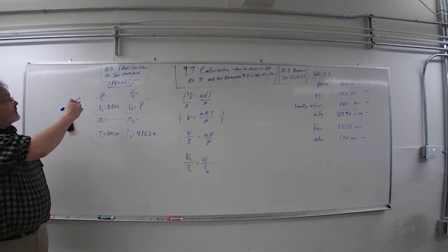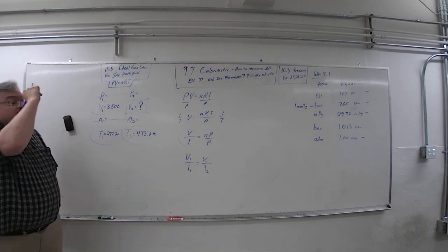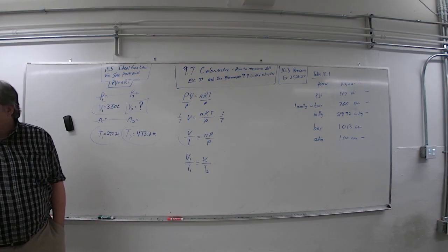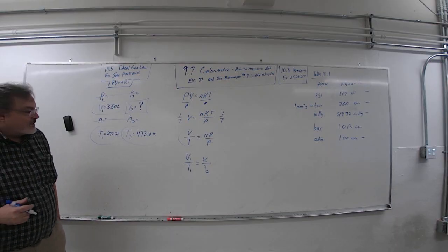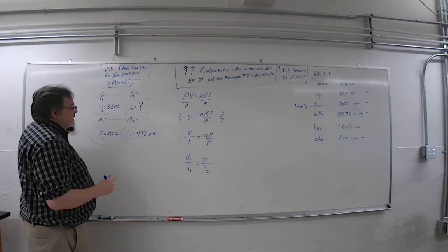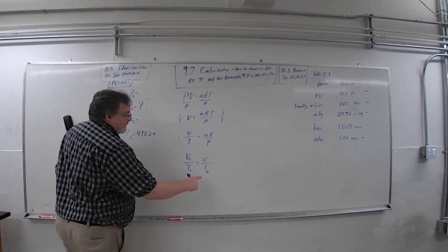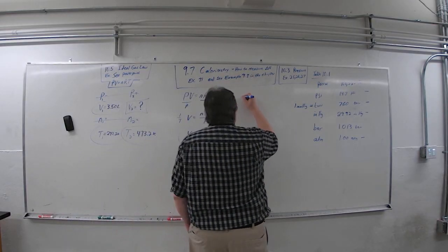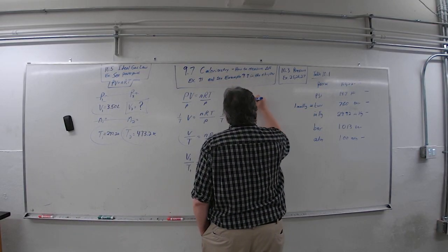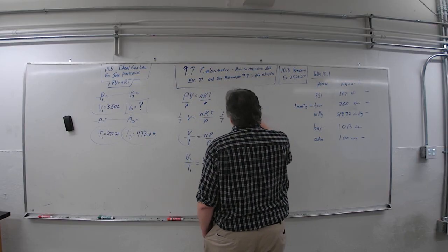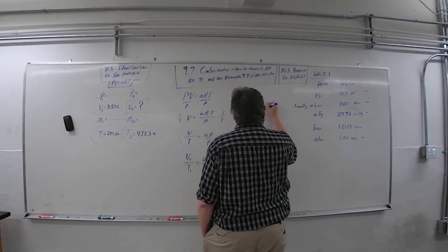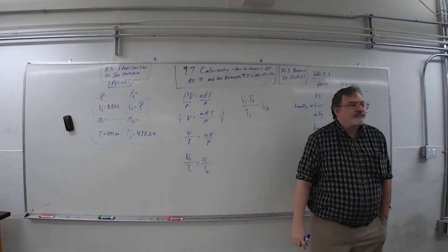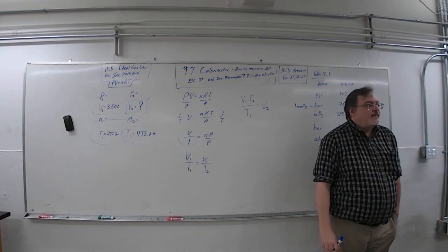This is why I skipped chapter 10.4, to sneak carefully up to PV equals nRT, and then it's not this easy to work. So to solve this, I need V2 by itself, so I'm going to multiply both sides by T2. That gives me V1 times T2 over T1 equals V2. And this is what I'm going to use to solve. Follow that?